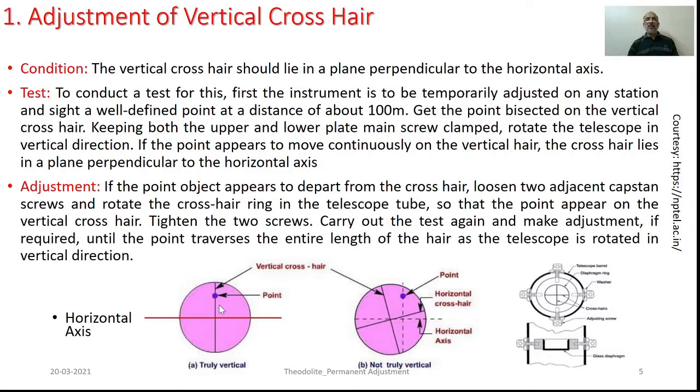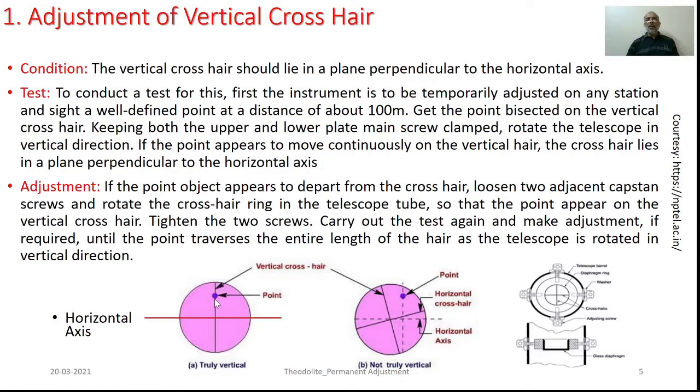So we can keep this particular equipment, say at a distance of about 40 to 50 meters away from vertical surface. We can define a well-defined point on that particular, say, vertical surface, and we bisect that particular point with the reference of this particular vertical crosshair.